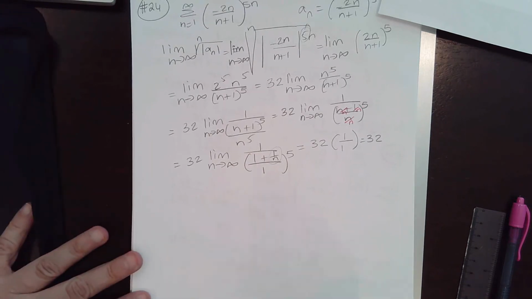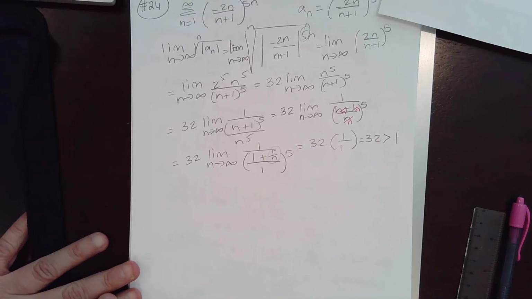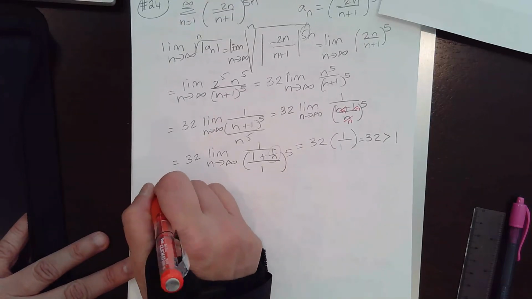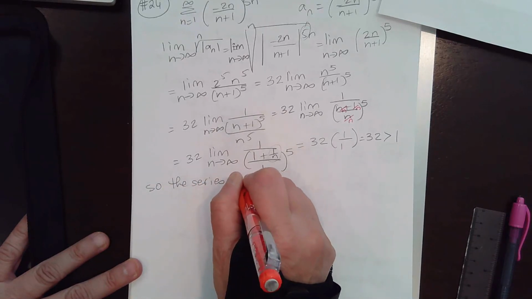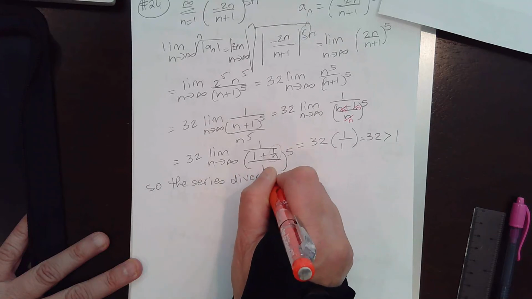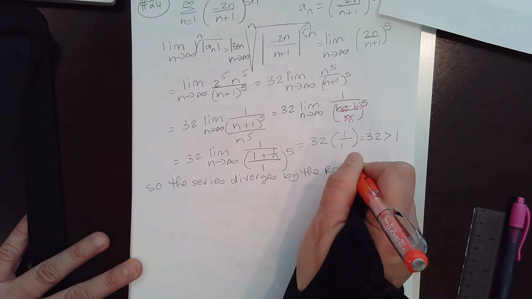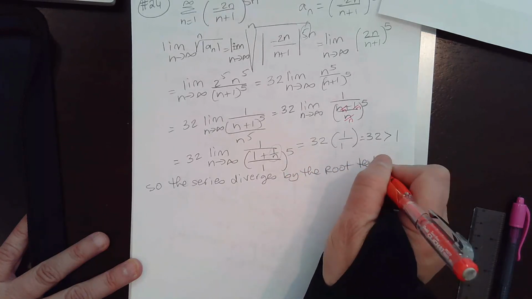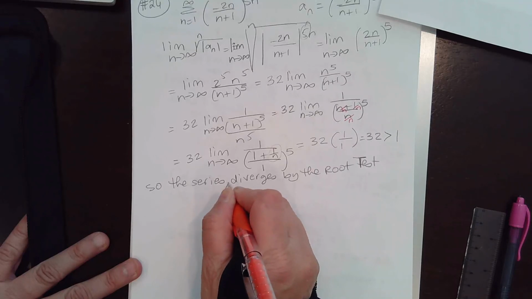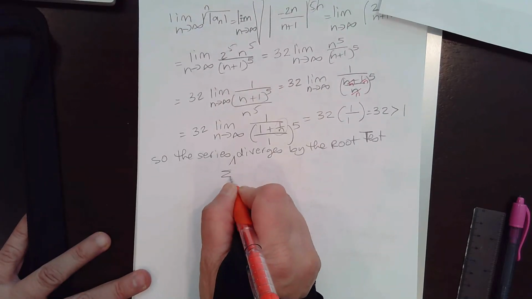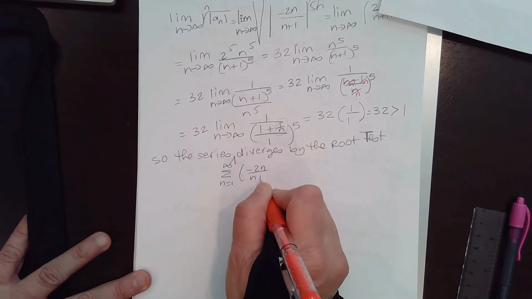Obviously 32 is greater than 1. So the series diverges by the root test. The series sum from n equals 1 to infinity of negative 2n over n plus 1 to the 5n.